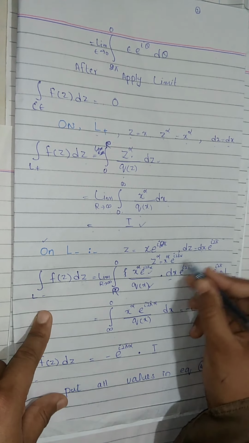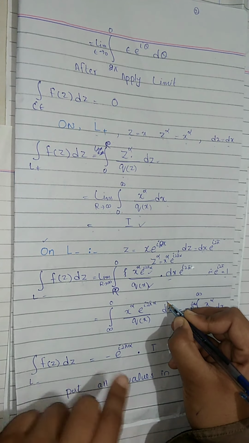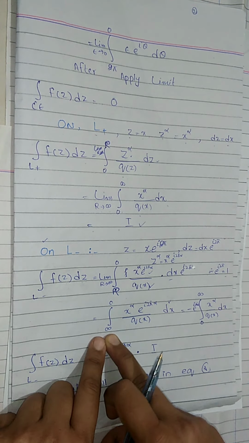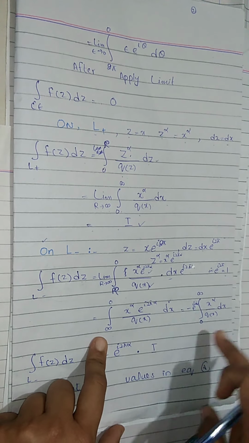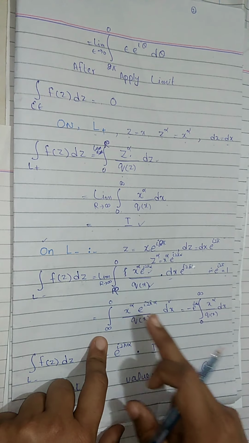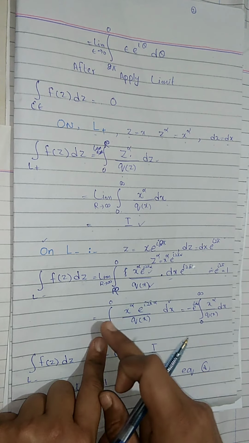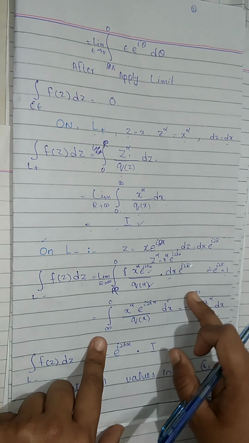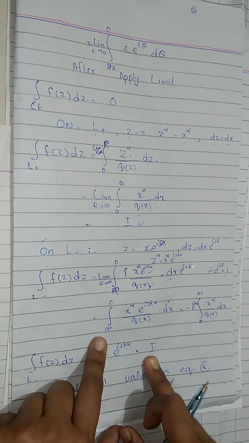Now we will find the contour along L negative. Here z is equal to x e raised to i 2 pi, and dz is equal to dx e raised to i 2 pi, because we have the function z raised to power alpha. We just put the values of z: it is x e raised to i 2 pi. Taking the power alpha, it is x raised to alpha e raised to i 2 pi alpha.